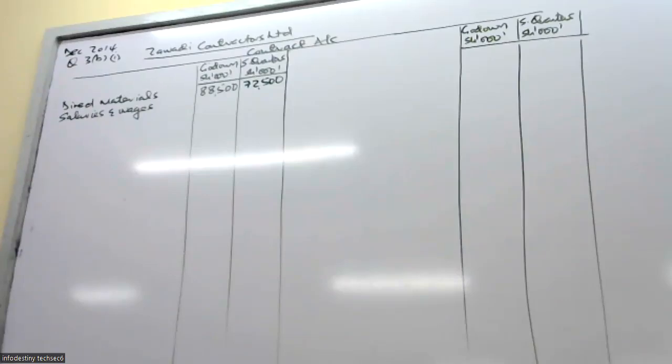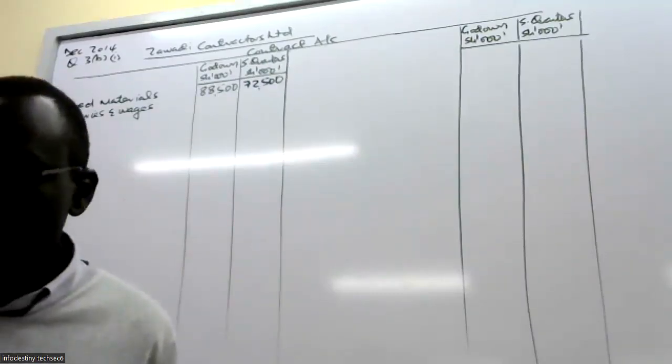Now for salaries you will take this transactions during the year, salaries and wages, 175,000, minus accrued at the beginning of the year, 2,000, then plus accrued by the end of the year, 1,200. You should be able to get 174,200.